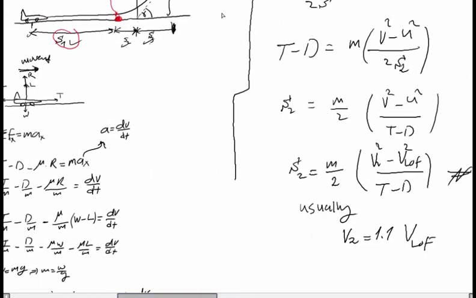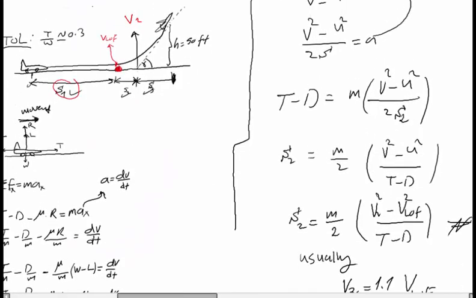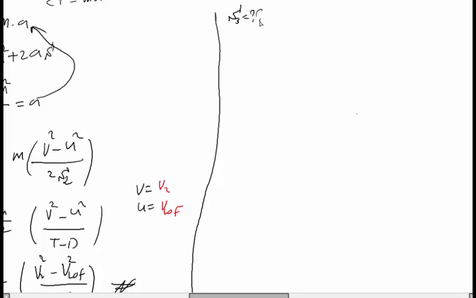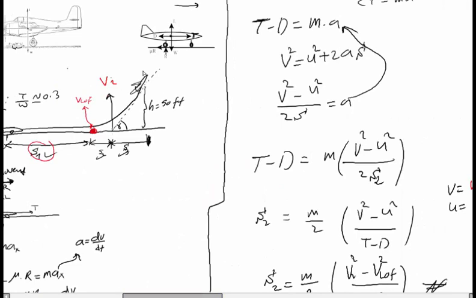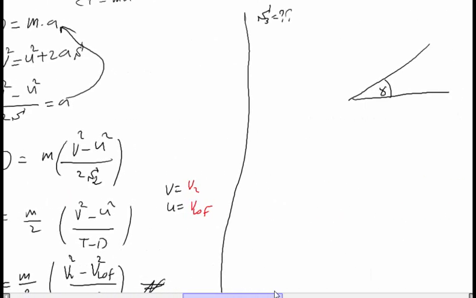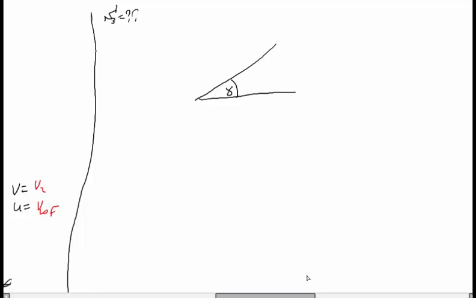So let's compute S3, and we end the takeoff segment. Now S3 here is from this point to this point. I'll draw this part again. The aircraft, for example, reaches this point, this safe distance h.